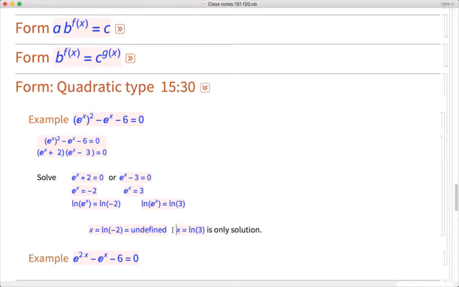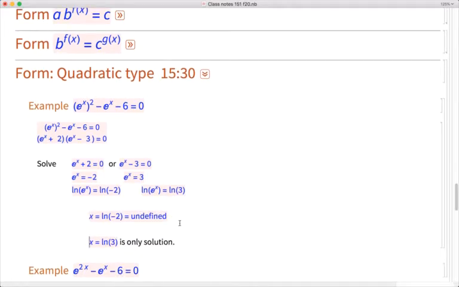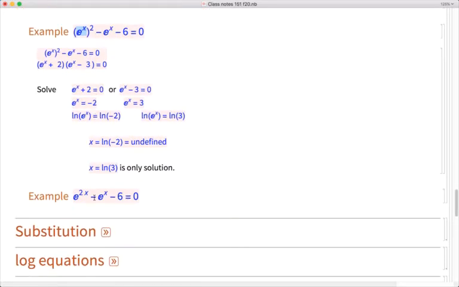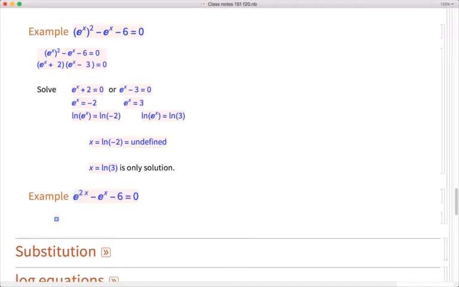Okay. Right, so that's a quadratic type, and this one has been handed to you in the most helpful way possible. The exponential you see, and then you see the exact same exponential literally squared. A more common type of homework or exam problem is when the quadratic type is slightly obscured. It's not immediate in the original equation.